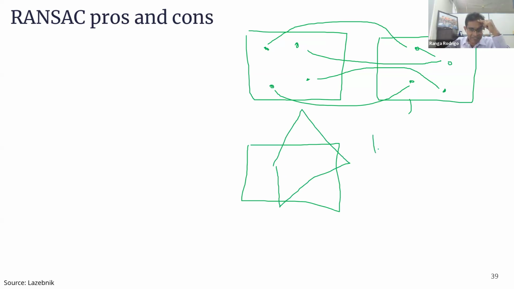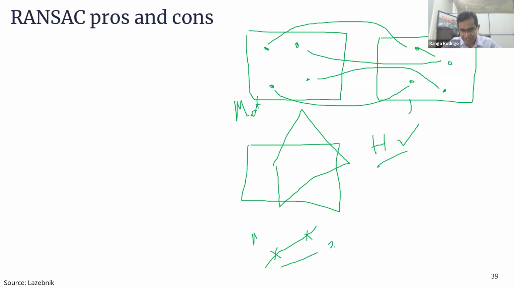This transformation, called H, needs 4 point matches. If the 4 point matches are there, computing H is a closed form solution. We know how to compute that. For a line, we need 2 points. This is a model computation through matches, and this is a model computation through the points themselves.